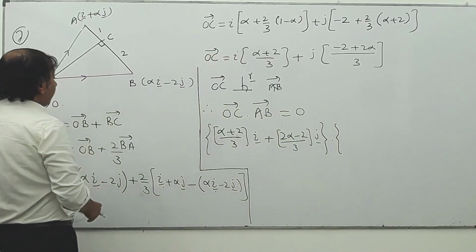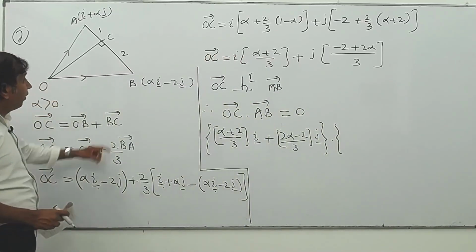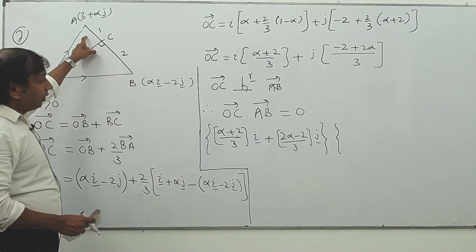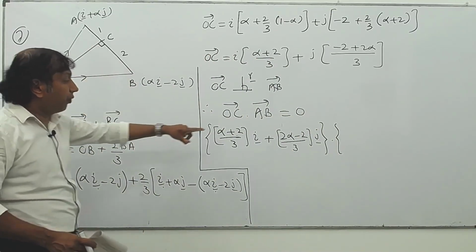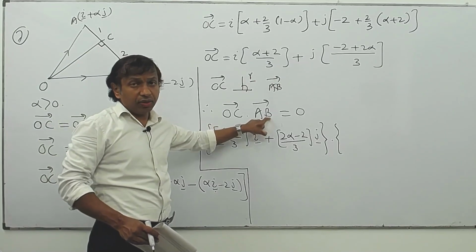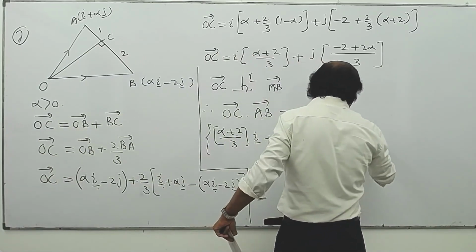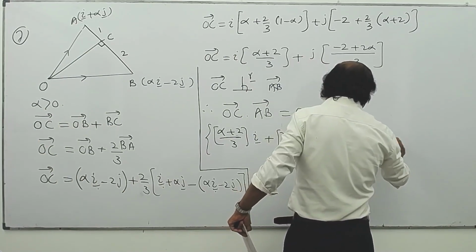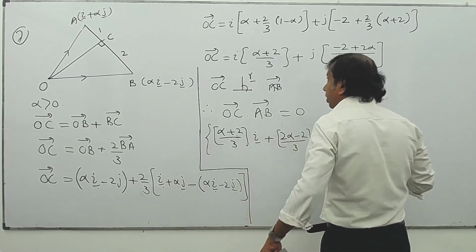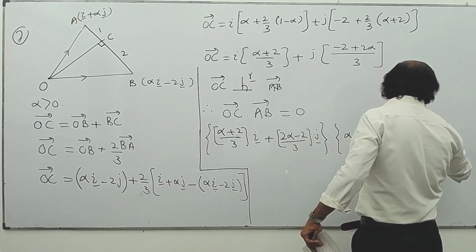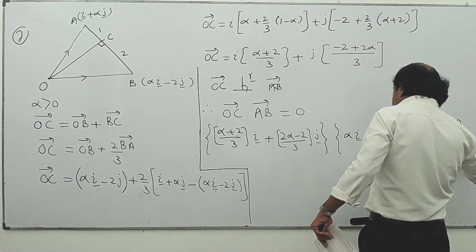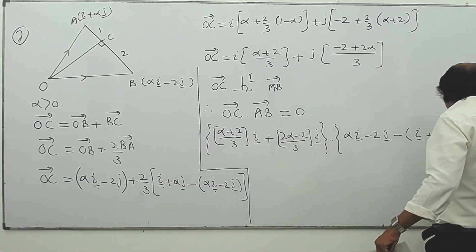AB or BA, whichever, never mind. AB we will write. We have written the AB, no? How to write AB? Position vector of B minus position vector of A. Position vector of B, alpha i minus 2j. Position vector of A, i plus alpha j. This should be equal to what? 0. Right.